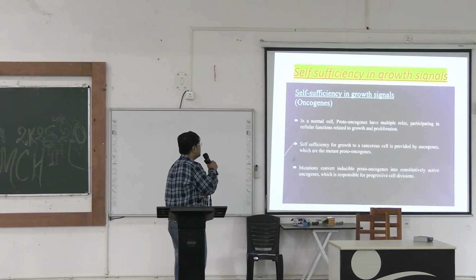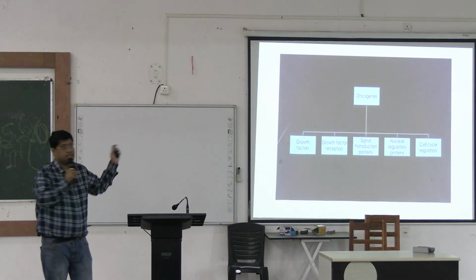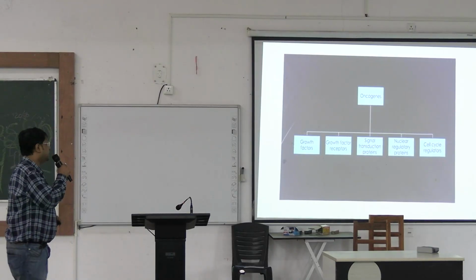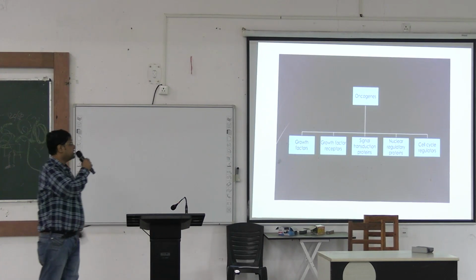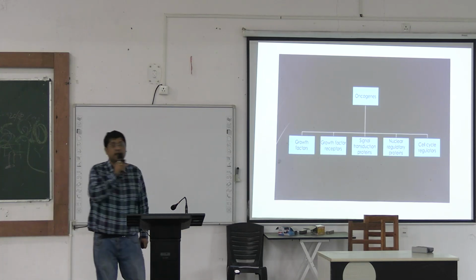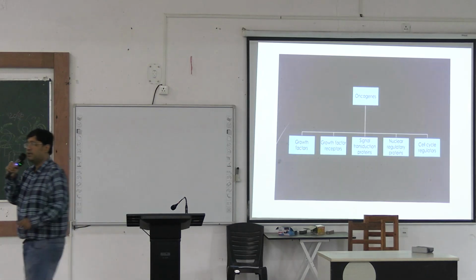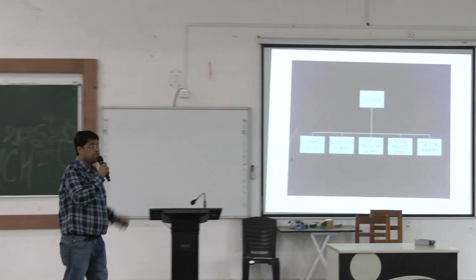So this is called self-sufficiency in growth signals. These are the points you must know. What are the oncogenes? Growth factor receptors, signal transduction proteins, nuclear regulatory proteins, and cell cycle regulators.